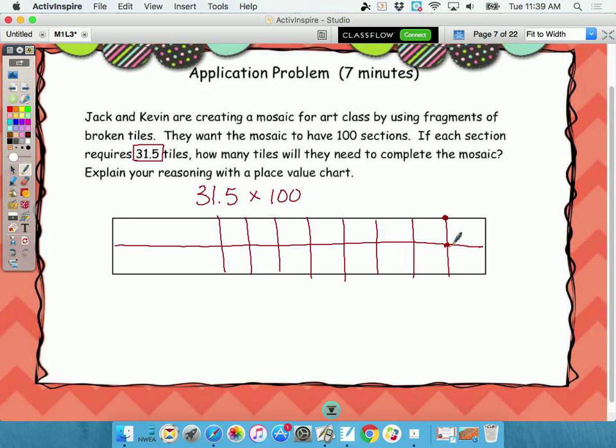Which I don't know why it's up there. Yeah. And I'm going to write a 5 in what place value? A 5 in what place value? 100. Are you sure? 10. Tenths. Oh. So that's why I put my decimal there. And then 31 and 5/10 looks like that.